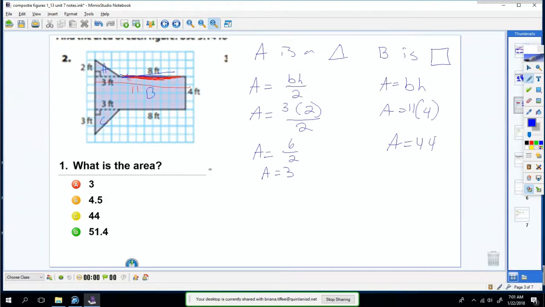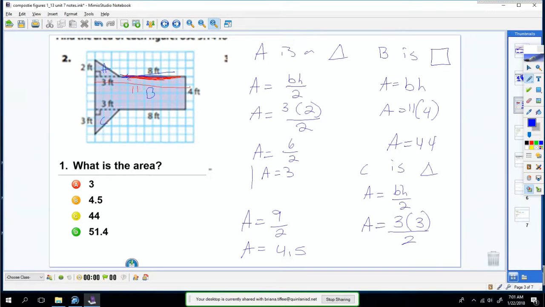All right, my last one, C, is also a triangle. So it has the same formula. A is equal to base times height divided by 2. But it's a different type of triangle. My base is still 3, but my height is now 3. So I'm going to write this off to the side. 3 times 3 is 9. 9 divided by 2 is 4.5.